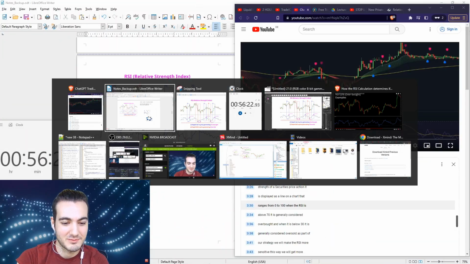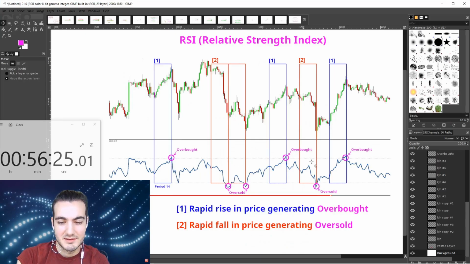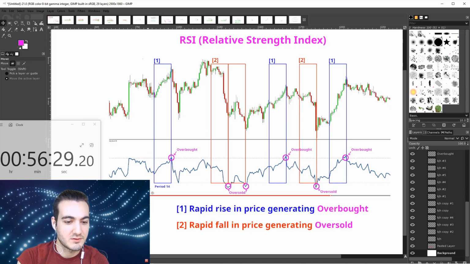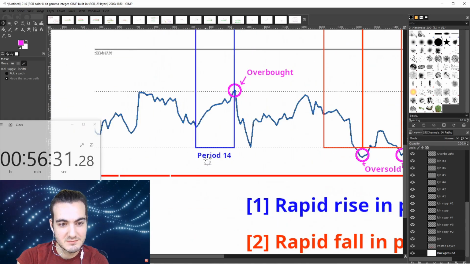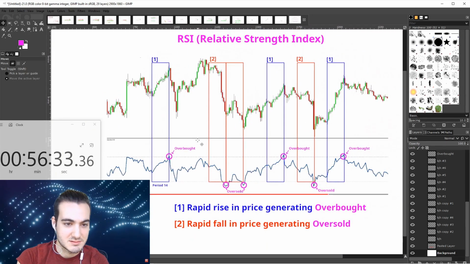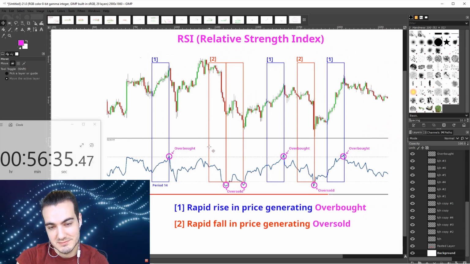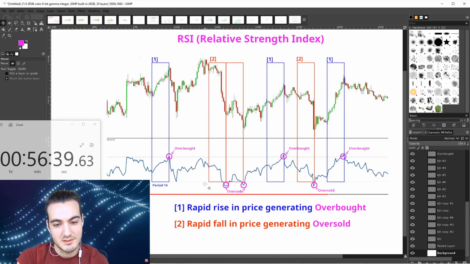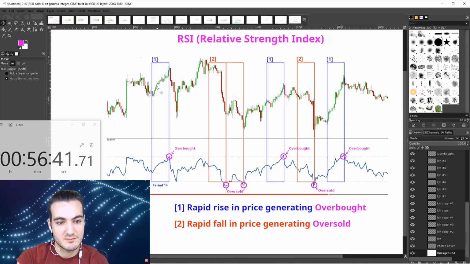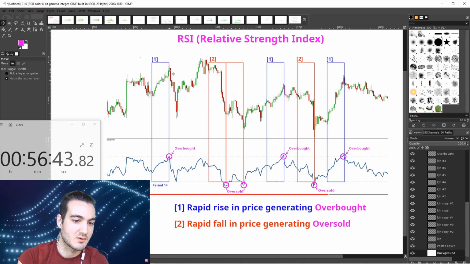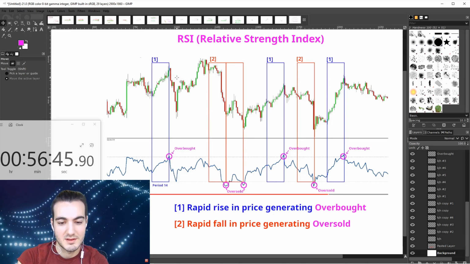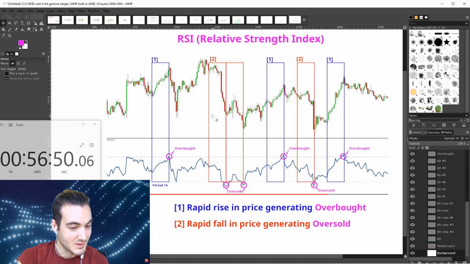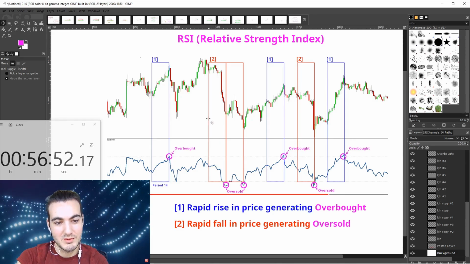Before I forget, I'll run through the RSI graphic that we just created. The RSI default look back period is 14, and it takes the average increase in price over the look back period and divides it by the average decrease in price over the look back period, and that will either generate a value above 1 or below 1.